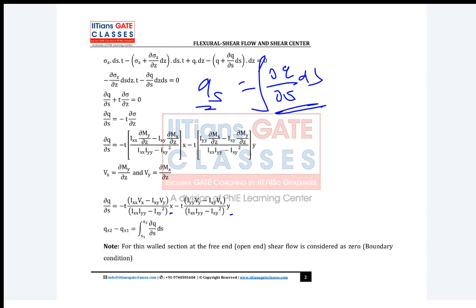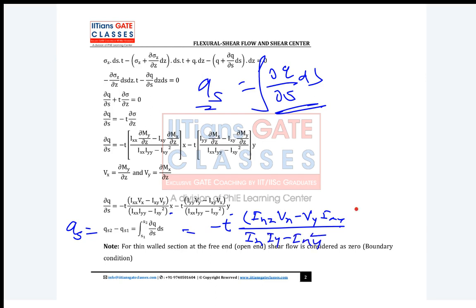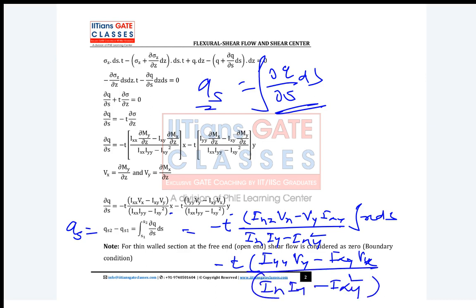So if you write the equation further, Qs is equal to minus t into (Ix Vx minus Vy Ixy) upon (Ix Iy minus Ixy square), integration x ds, then minus t into (Iyy Vy minus Ixy Vx) upon the same denominator, and integration y ds.